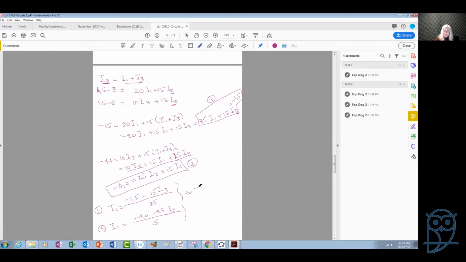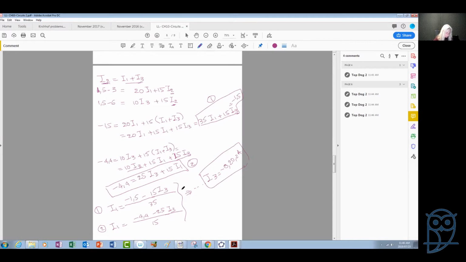Now, let us not spend a lot of time in mathematics. From here, I find that I3 is minus 0,202 amperes. Let's see, according to these answers that I have.